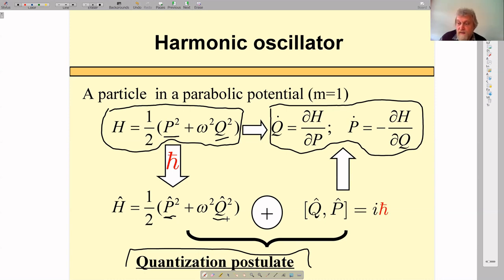Why is it true? Because we don't know how to operate with these operators. Or to put it precisely, we don't know how they commute. We don't know commutation relations.